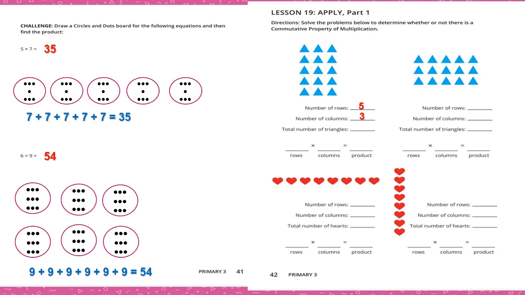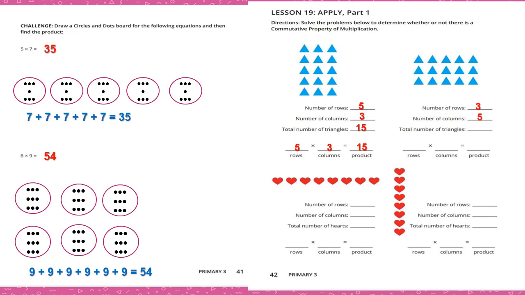We write in the first the number of rows 5 times number of columns 3. 5 times 3 equals 15. Then the total number of triangles is 15. Here number of rows 3. Number of columns 5.